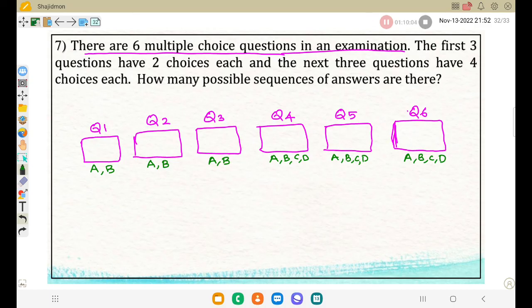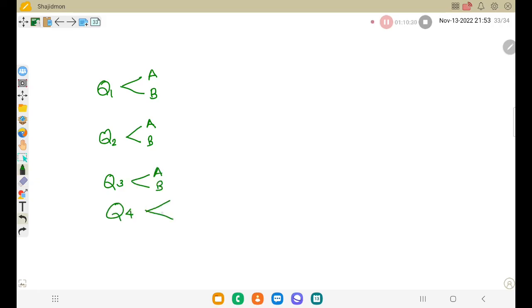Before answering, you can see question 1 we have 2 choices, either A or B. Question 2, either A or B. Question 3, A or B. Question 4, we have 4 choices, A, B, C, D. Question 5 and question 6 also have 4 choices, A, B, C, D, correct?